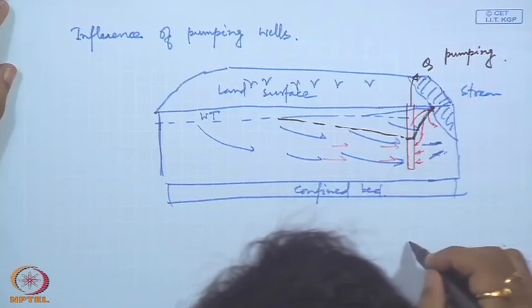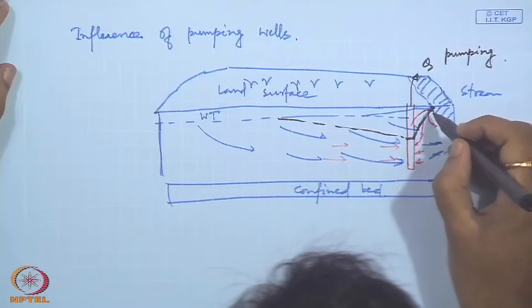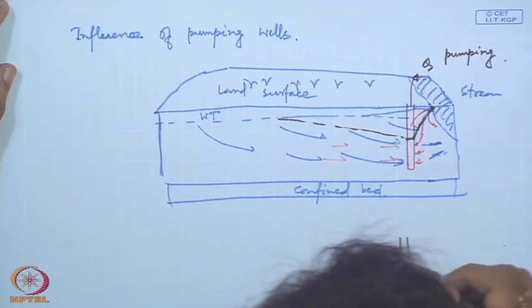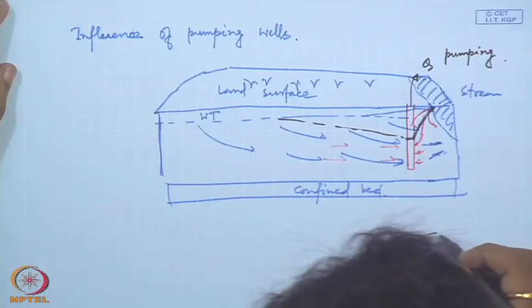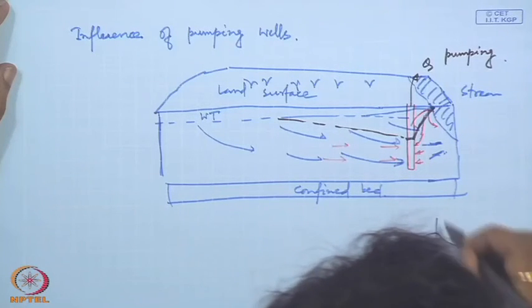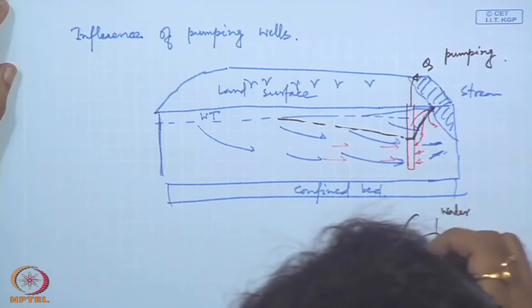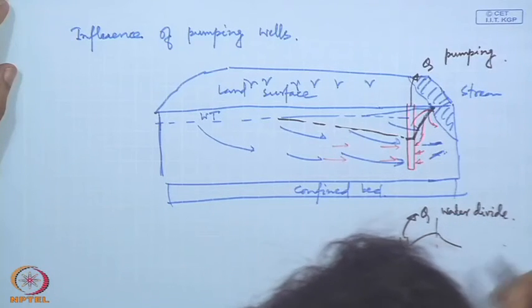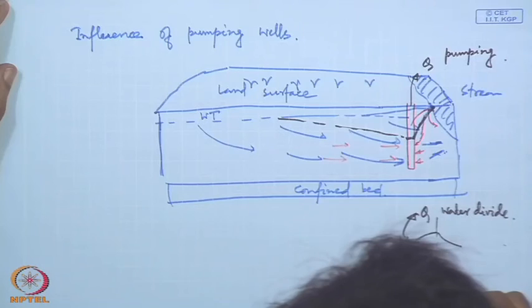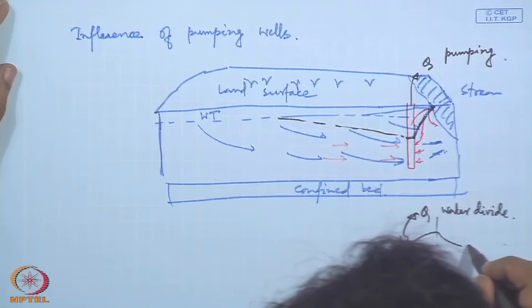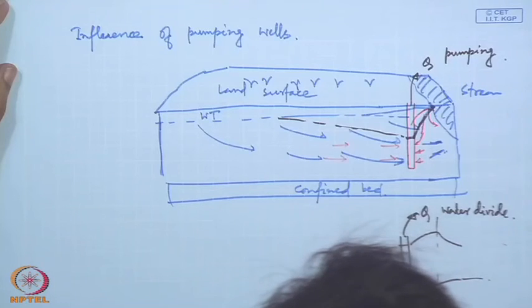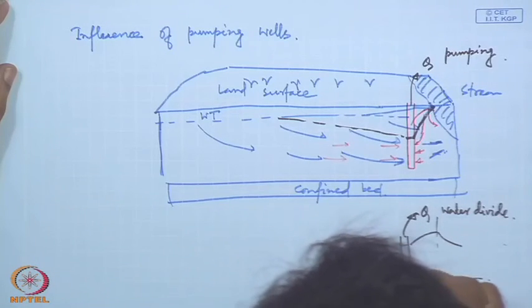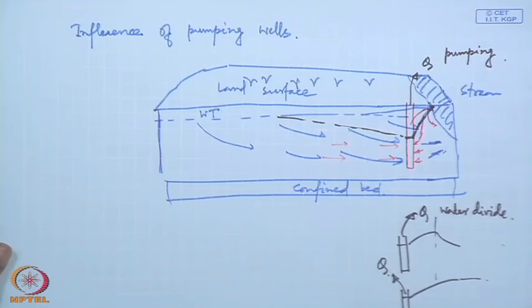So, in the second case, we can have some amount of water divide for a low pumping value, but for a high pumping value this will be directly connected with the stream level. This aspect is important because our aquifers can directly influence the stream water level.